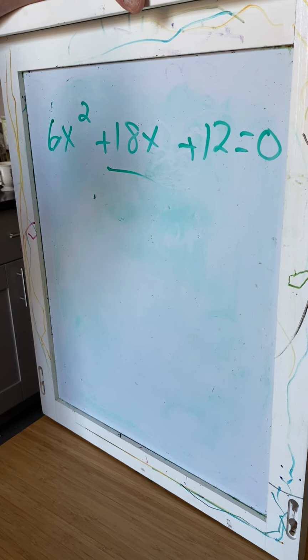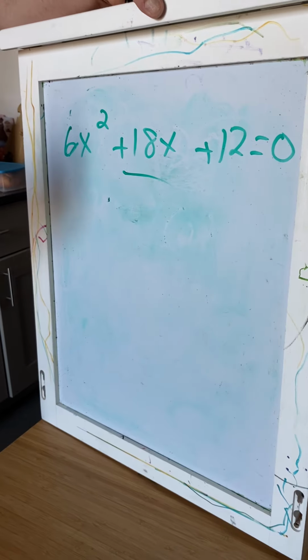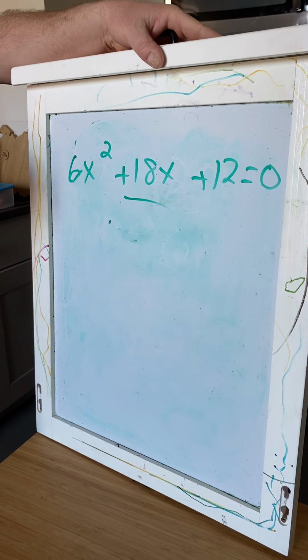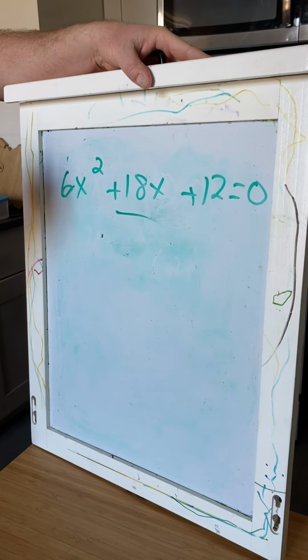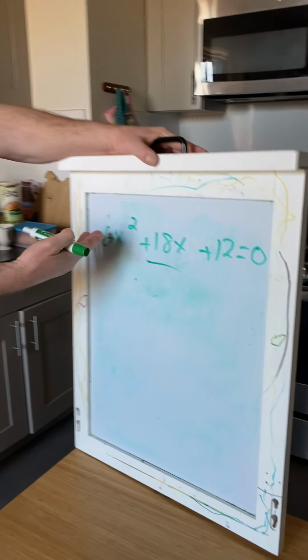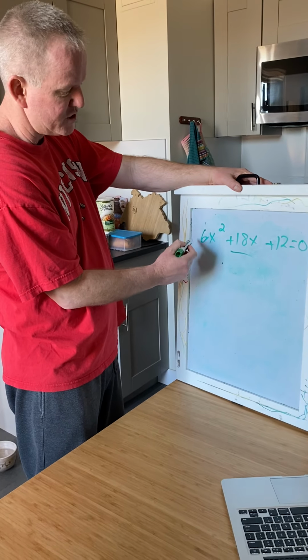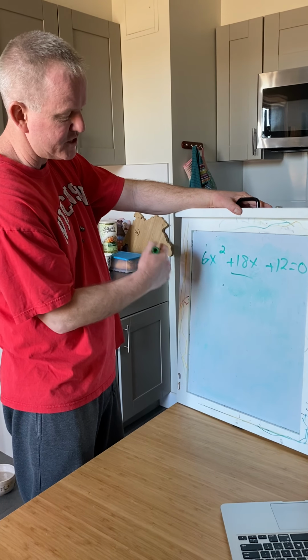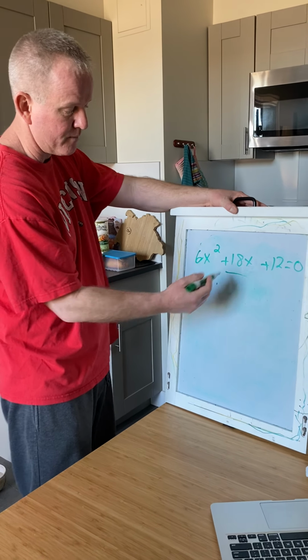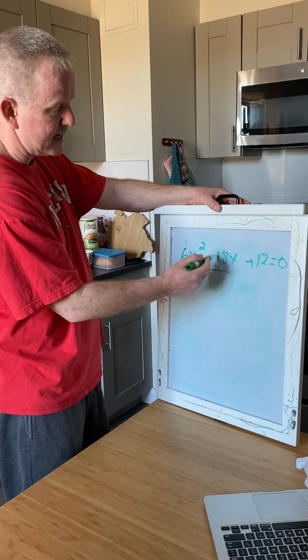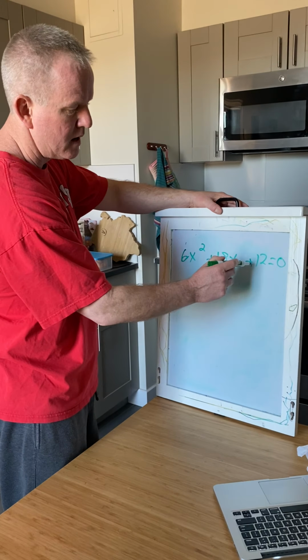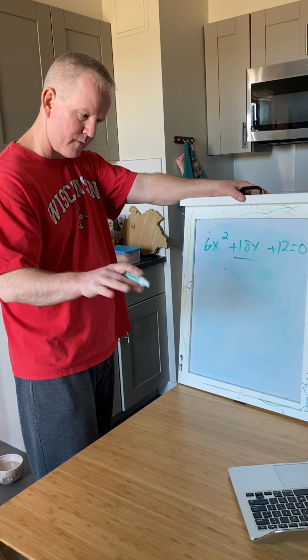That was one indication. The other indication was that we had two perfect square numbers, 4 and 25. These terms here, right? 6x squared, well, the coefficient 6, that is not a perfect square number. 18x, 18, not a perfect square. 12, not a perfect square.